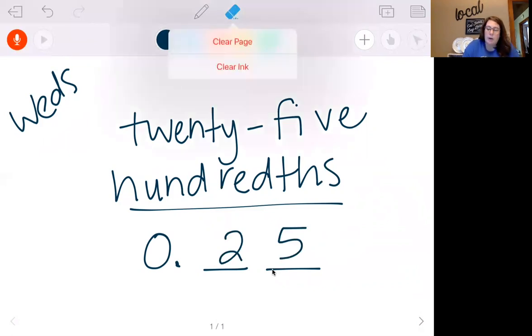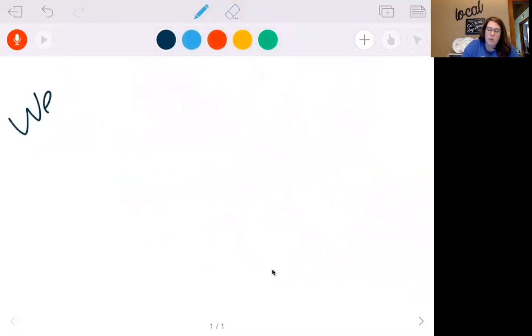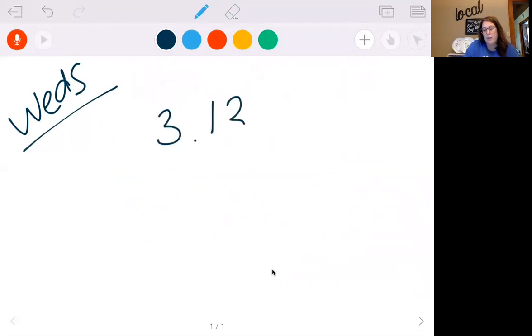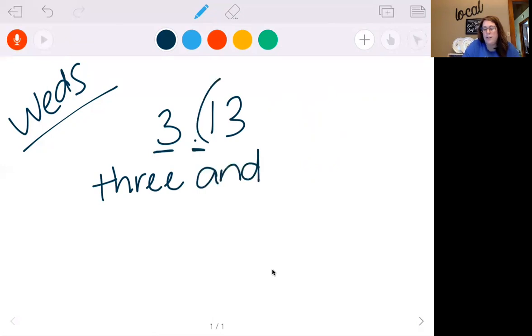The easiest part is this part we're about to do right here. Write the number name for each decimal. So if I gave you this decimal, 3.13, we would write that as 3. That's taking care of that. For the decimal, I put the word "and" and then I look at what this number is. It's 13, so I'm going to say 3 and 13.